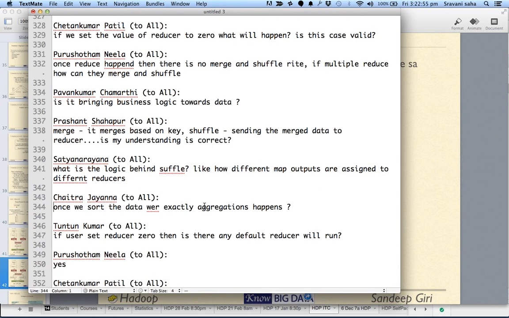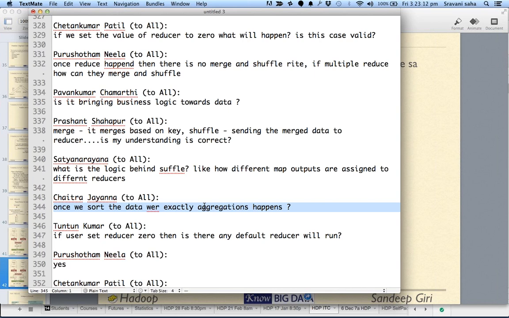Once we sort the data, where exactly does aggregation happen, right? Aggregation happens on the nodes which are running the reduce function.